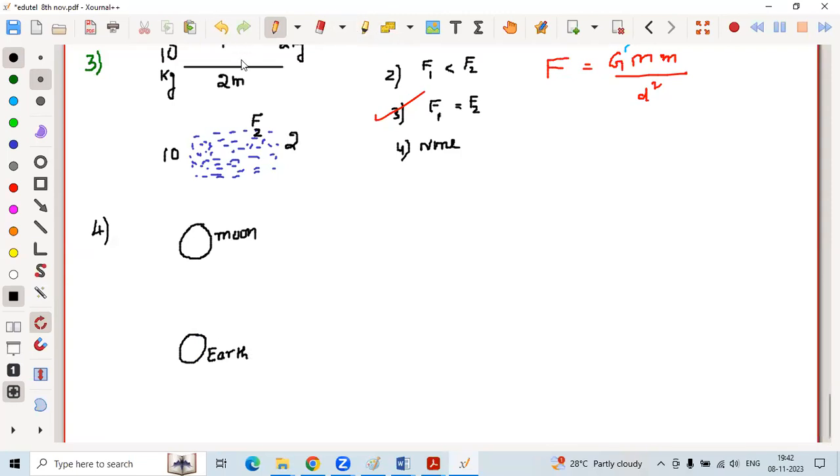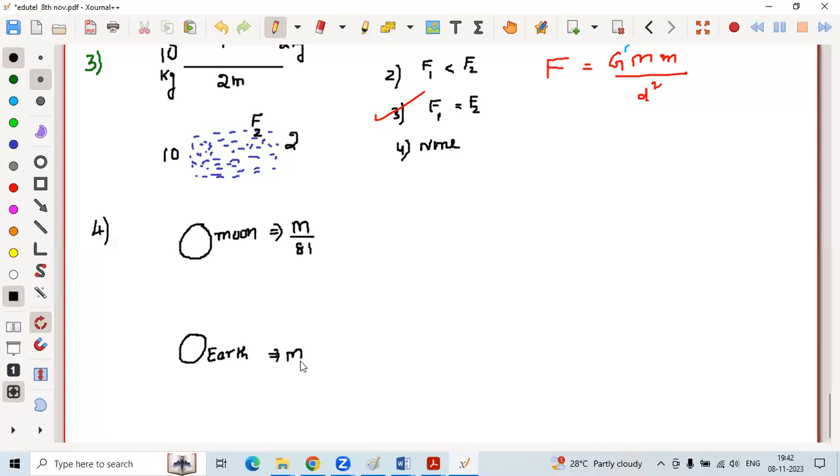Whose mass is more? Guess. The moon's mass is more, the earth's mass is more. Earth. Very good, super. So that condition is given. Mass of moon is m/81. Mass of earth is m.